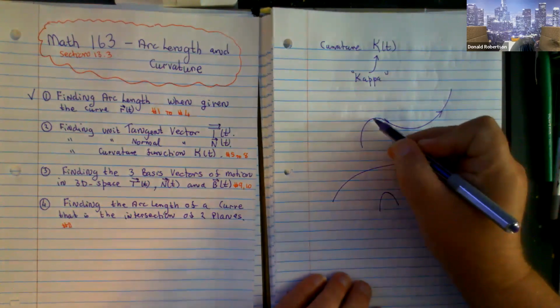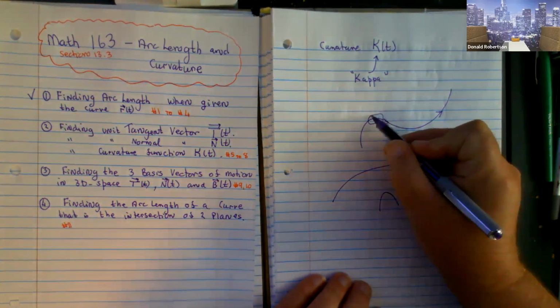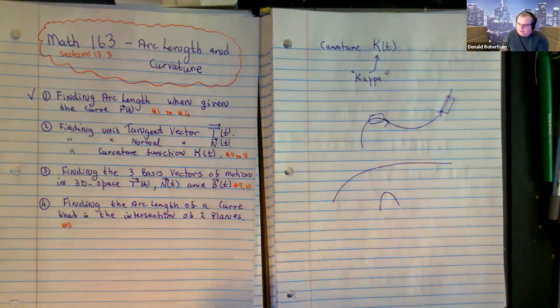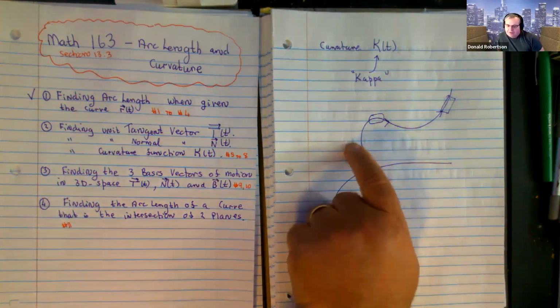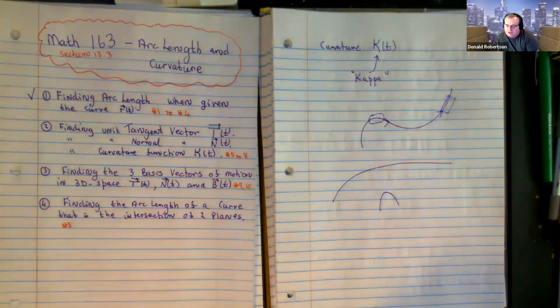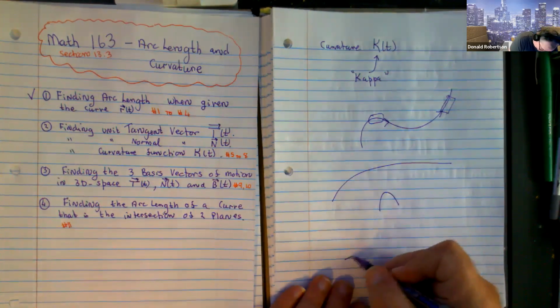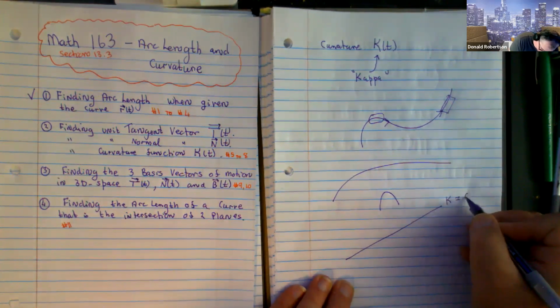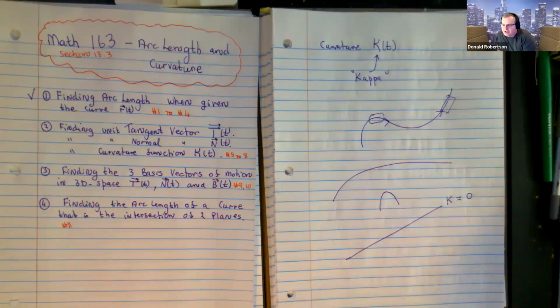For instance, in this curve, isn't that place pretty curved, and maybe this bit over here is very uncurved? We would have a single value of curvature for every point on the curve. So straight lines have a kappa of 0. Would you agree that straight lines are the least curved thing in the universe?